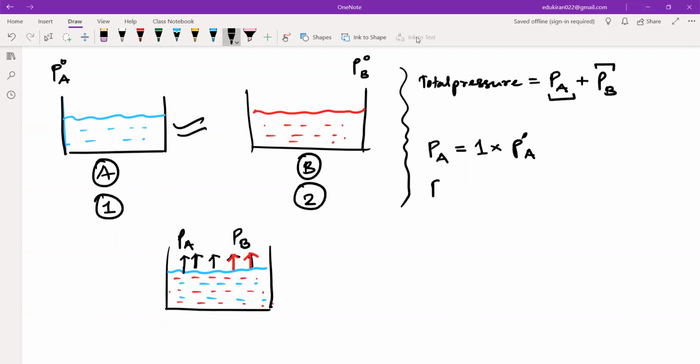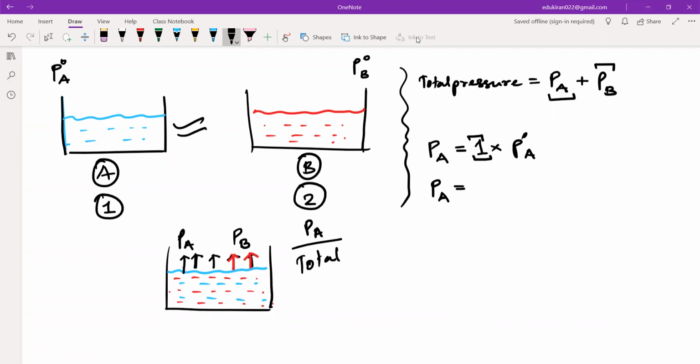Now, as soon as I have the mixture, can I say some fraction of P naught A is here, right? There is a whole total, and from the total we have some amount of A. Correct? Yes or no?